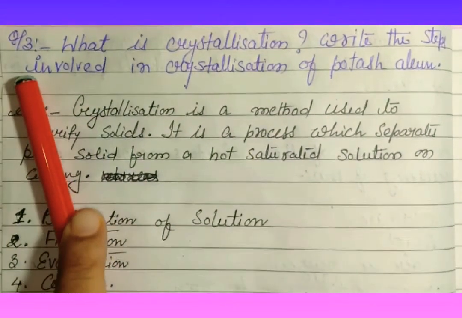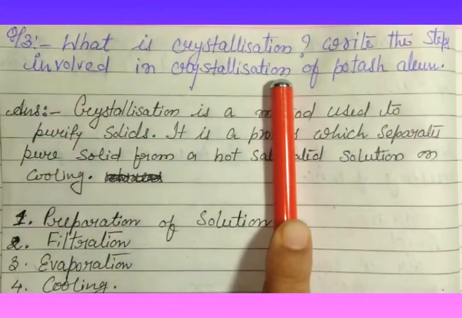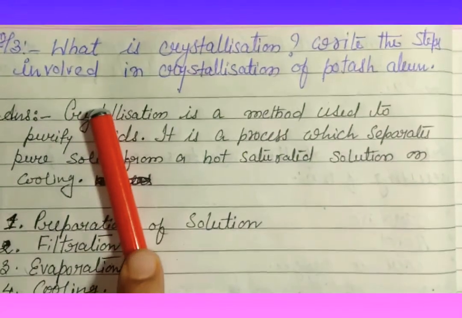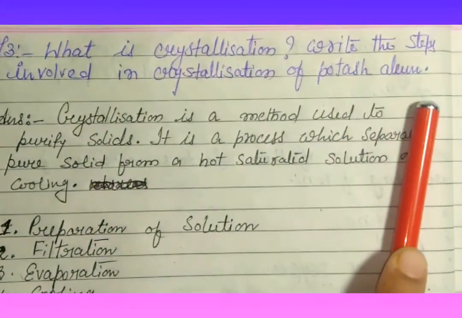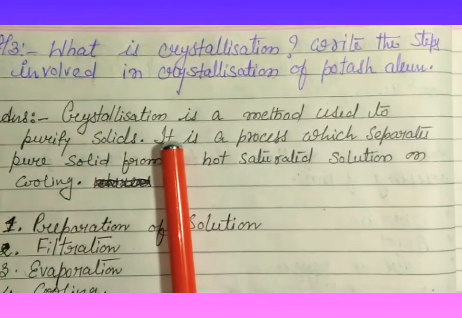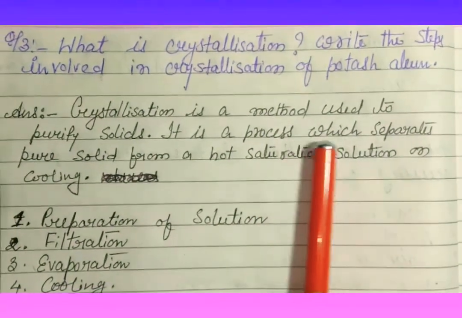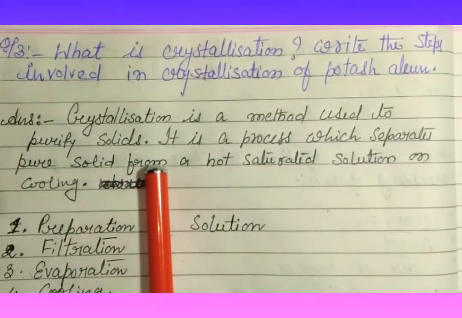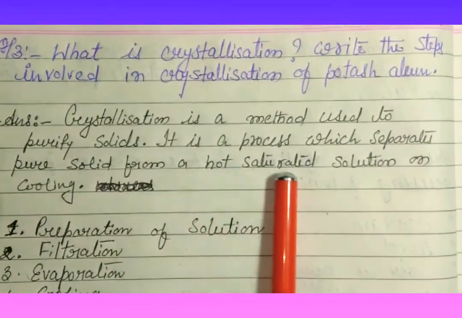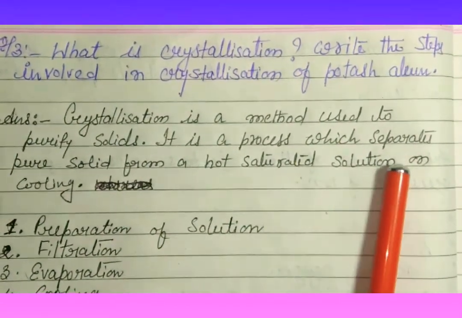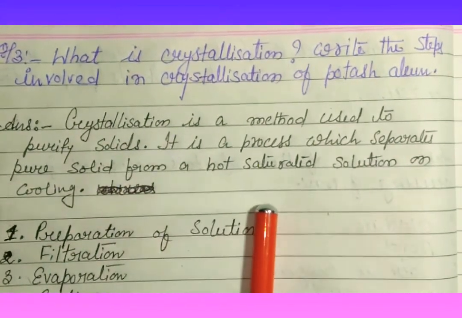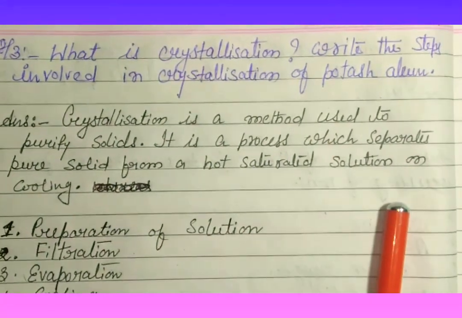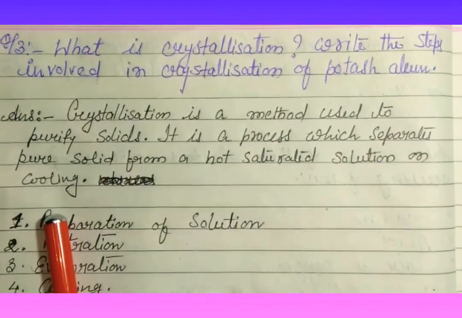Now the question number 3, what is crystallization? Write the steps involved in crystallization of potash alum. Crystallization is a method used to purify solids. It is a process which separates pure solid from a hot saturated solution on cooling.